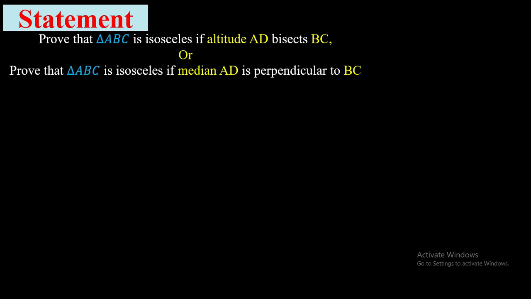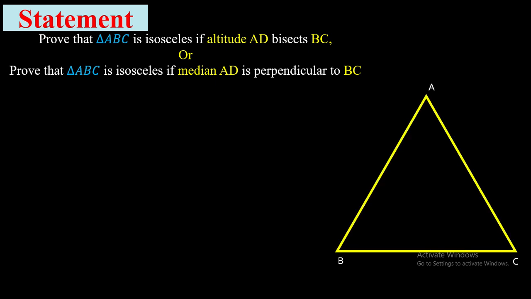Now we have another statement, which says prove that triangle ABC is isosceles if altitude AD bisects BC. Or it can be said, prove that triangle ABC is isosceles if median AD is perpendicular to BC.